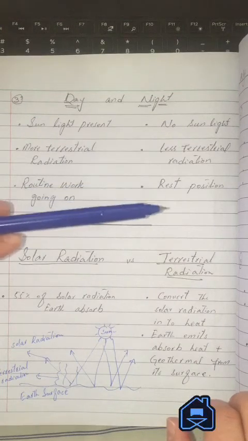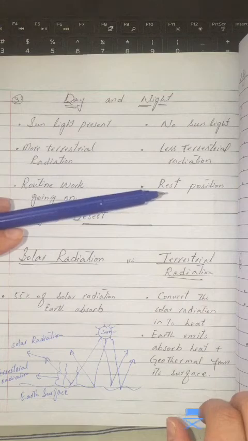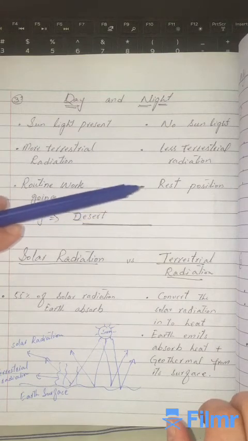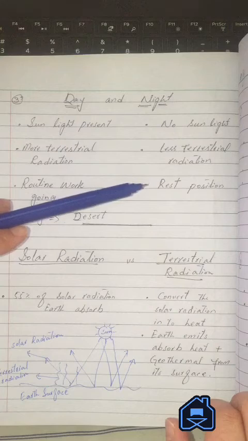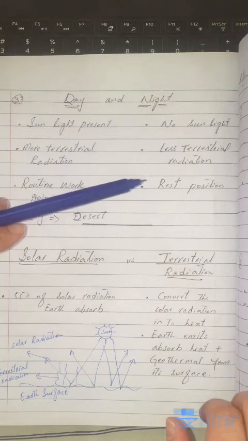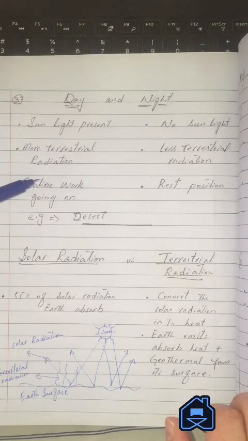At night, no solar radiation is received and the surface of the Earth cools. It cools until about an hour after sunrise. Shortly after sunrise, solar radiation is received and the surface of the Earth gradually becomes warmer. In some places, the day and night temperature difference can be very big, sometimes 10 degrees Celsius or more.